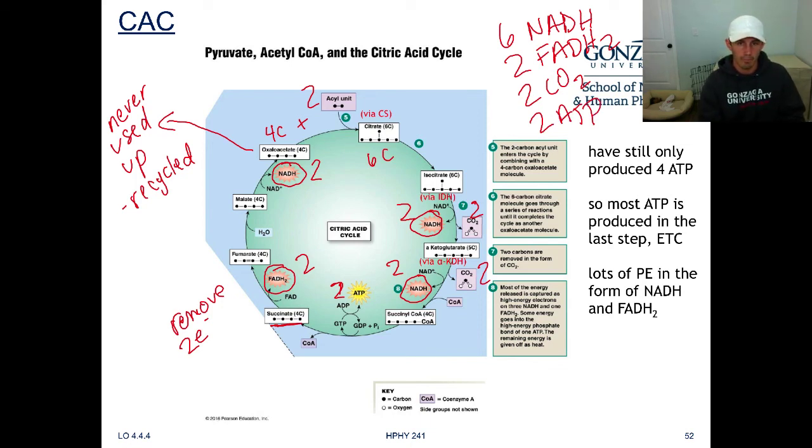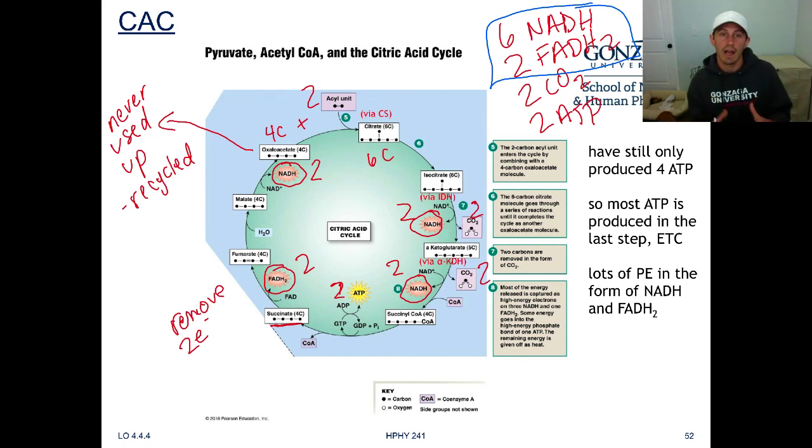So now we've made a little bit of ATP, but through glycolysis and the citric acid cycle we've generated a lot of these electron donors. Now the last step in aerobic respiration of glucose, we're going to produce a majority of the ATP through the use of these electron donors.